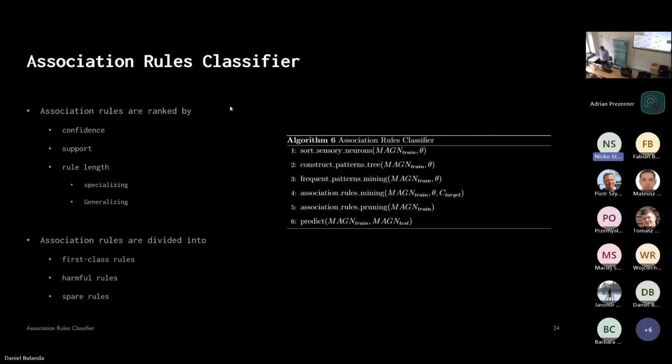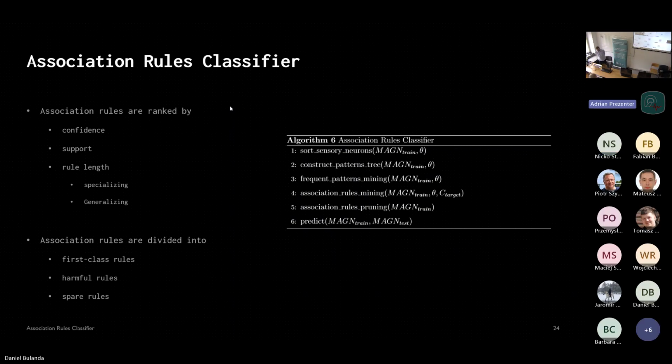So we have specializing and generalizing criteria here. I was wondering how these are weighted in the ranking process, because if we're talking about data where patterns may vary really widely in specificity, how would this specializing and generalizing work in the ranking process?